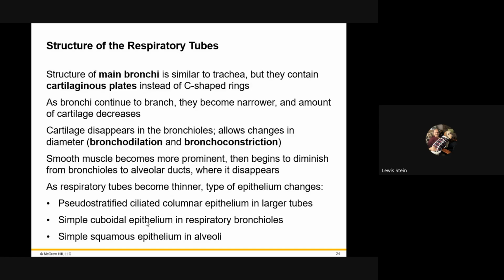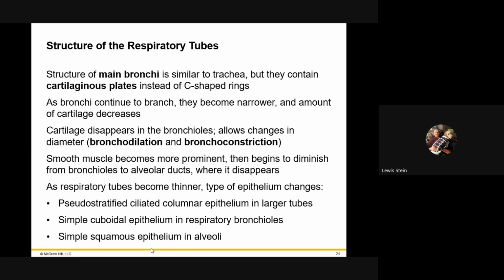Mucus would only plug it up. The cells that you have in there that help get rid of things are a whole bunch of macrophages. You have respiratory macrophages, and again, they're like these little sweepers that sweep up debris, any particles that might get in there. And so now we see a transition to simple cuboidal.